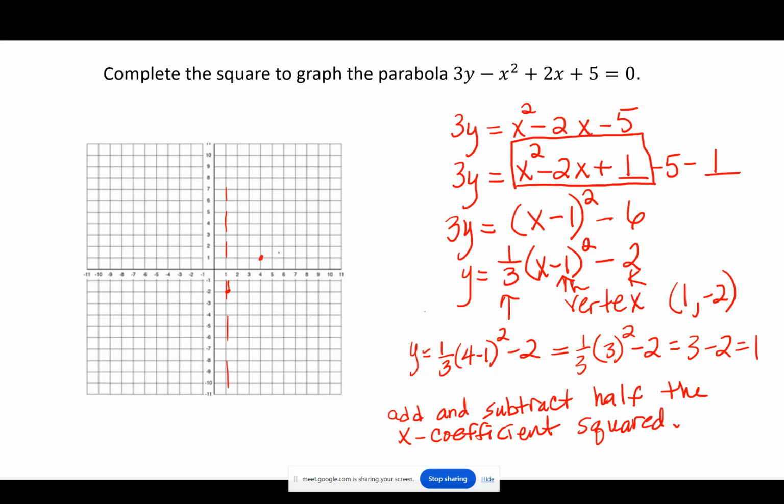Since that point is 3 to the right of the line, there's another point 3 to the left: 1, 2, 3. And so my parabola is going to, well, it's just really bad, but it's hard to graph things like this. Anyway, it's looking something like that.